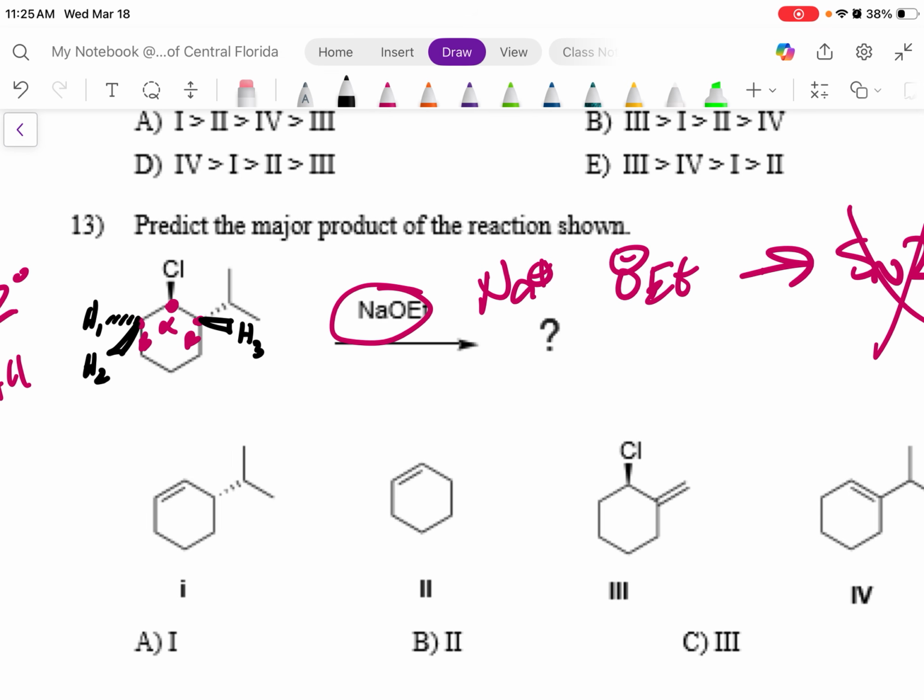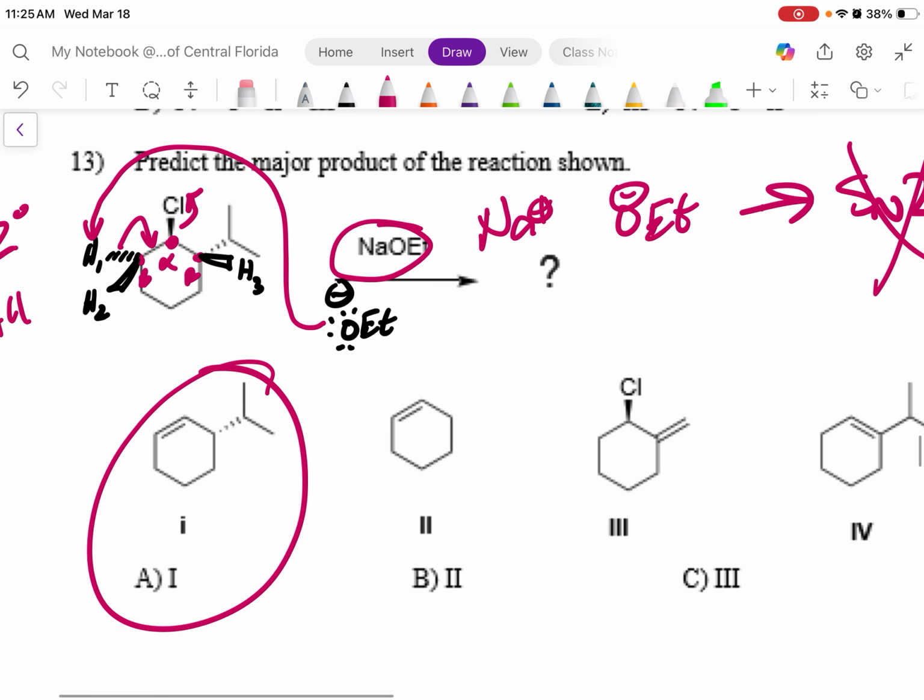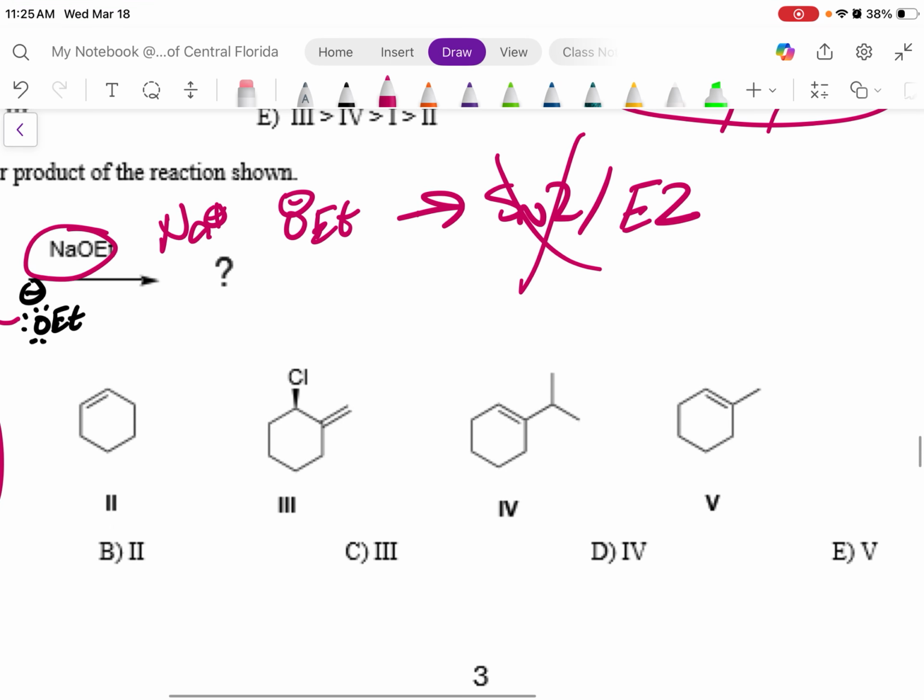The only one. And you would see that this ethoxide, the negatively charged base, which is a strong base, can only go and attack H1. Because that's the only hydrogen that is anti-periplanar. So that would give this as our only possible product.